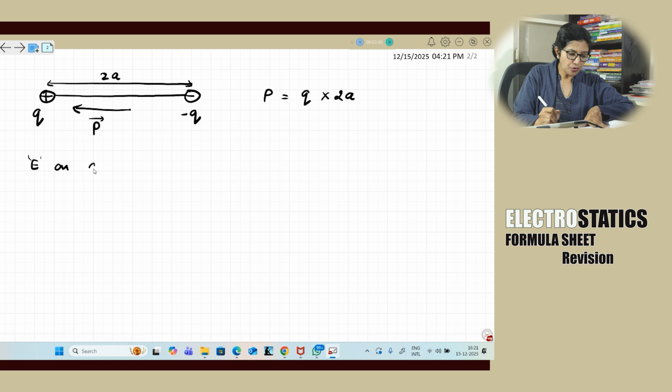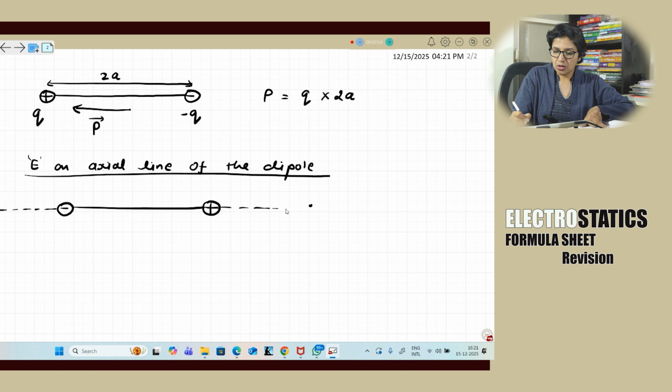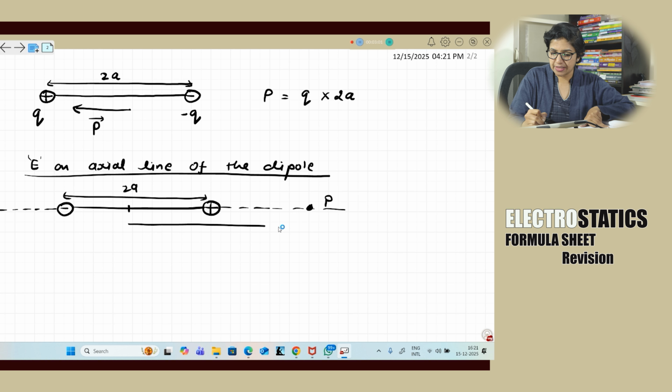Fine. The fourth formula is electric field intensity on the axial line of the dipole. Suppose you want to find the electric field intensity on the axial line. Axial line means along the axis. Here at point P we want to find the electric field intensity.